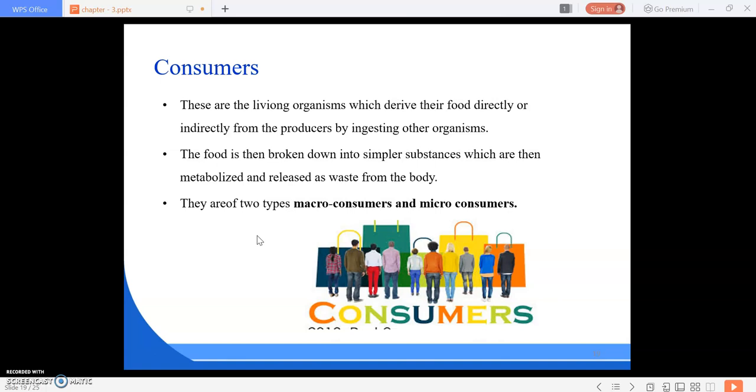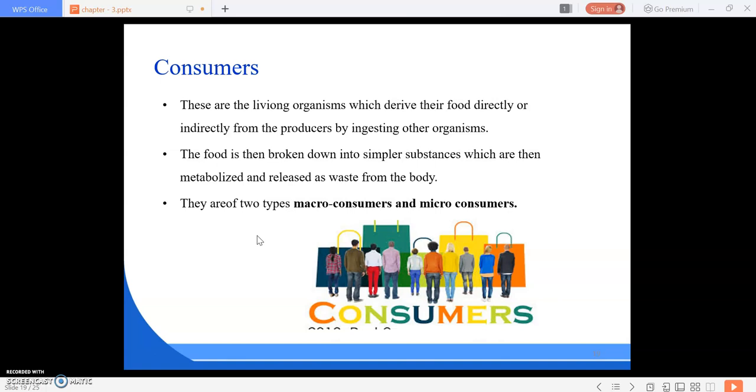The food is then broken down into simpler substances which are then metabolized, and waste is released from the body. So we know that we cannot create food, we cannot synthesize also. So for that we are the consumers.